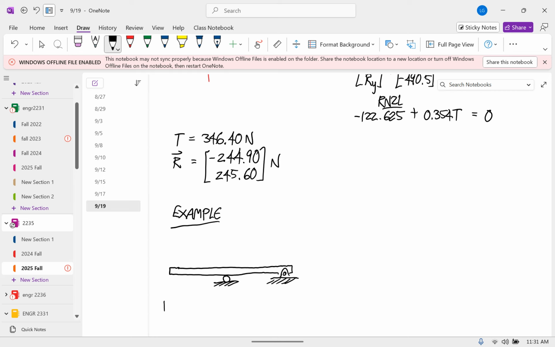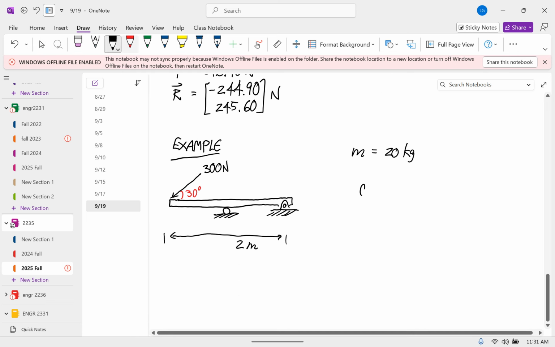And let's say that the whole length is 2 meters. And we have a force of 300 newtons that's applied at a 30-degree angle to the end. And let's say that the mass of this thing is 20 kilograms. And again, we want to calculate those reaction loads at the joints.